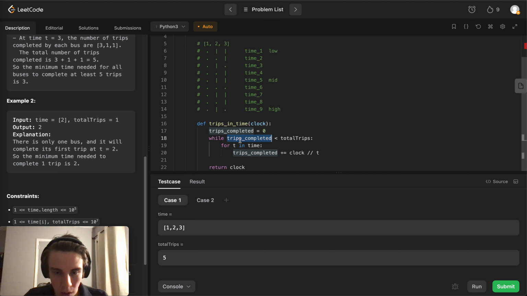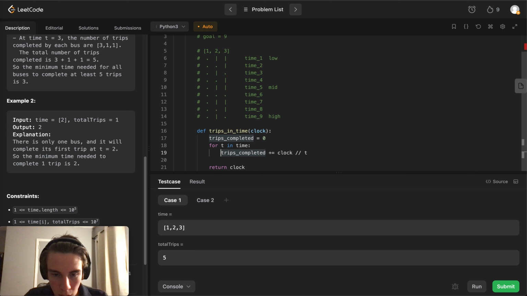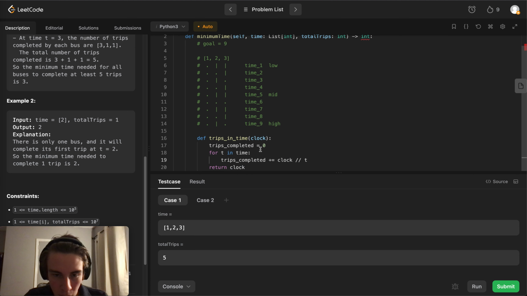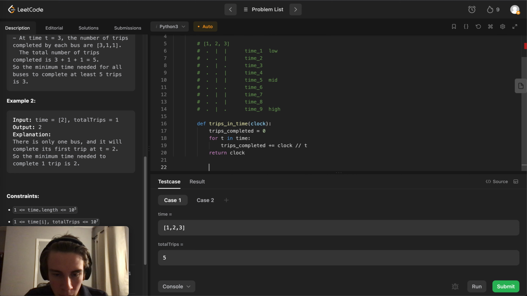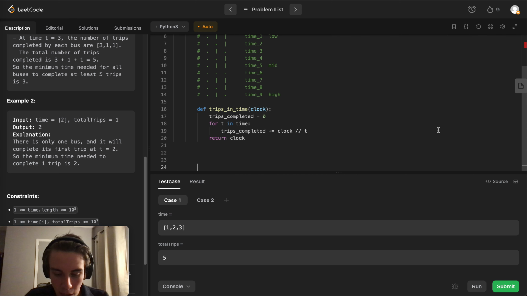While trips completed is less than, we don't even need this anymore. We're just going to say that for t in time, trips completed is going to be clock divided by t, and this is our little function. And let's now divide min time.